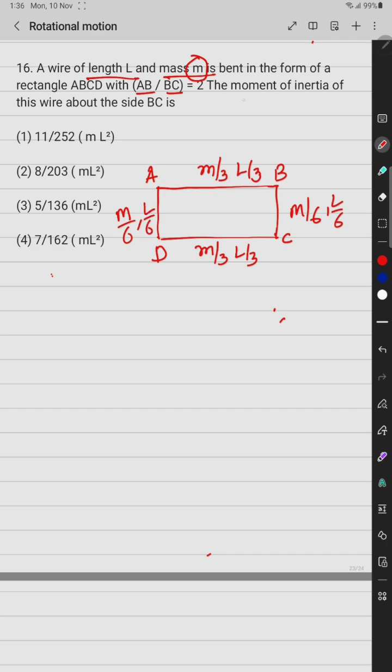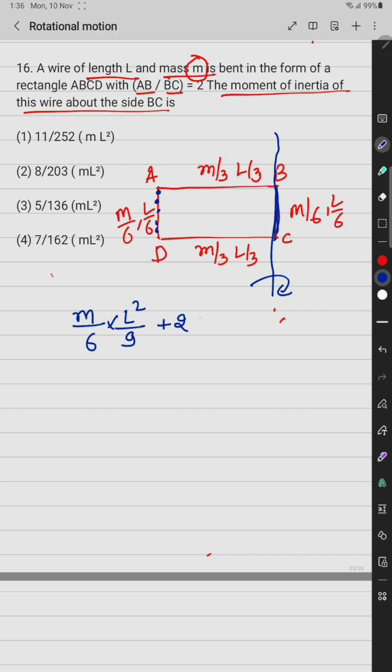And here we want to find the moment of inertia of the system about BC. Along BC itself, the contribution will be 0. And these are all particles which are at a distance of L by 3, and the mass of the particle is m by 6. So m by 6 multiplied by L square by 9.